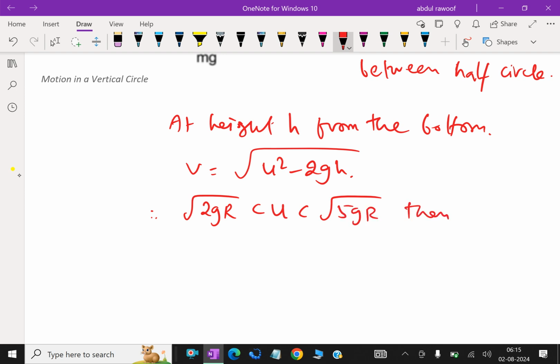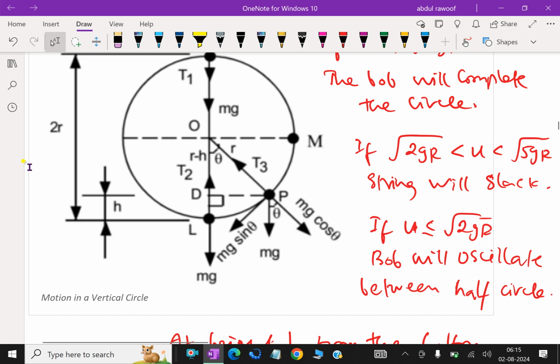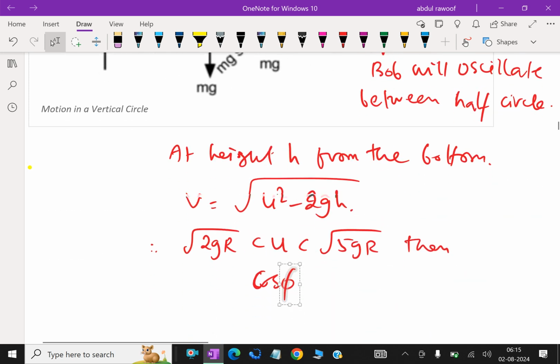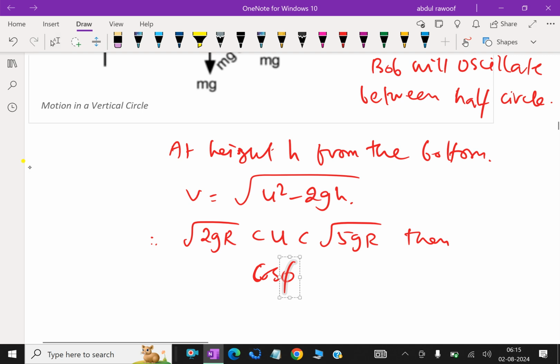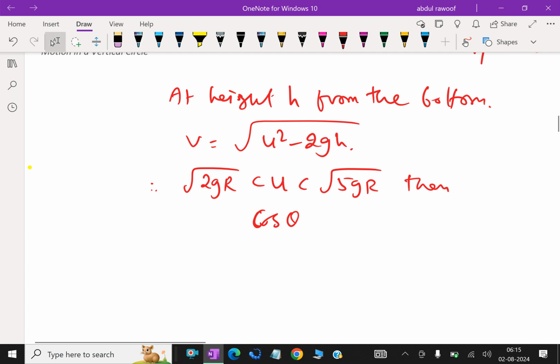Then cos theta equals u squared minus 2gr over 3gr.